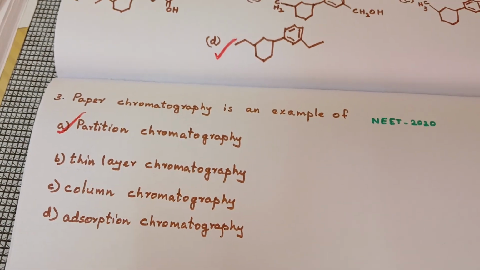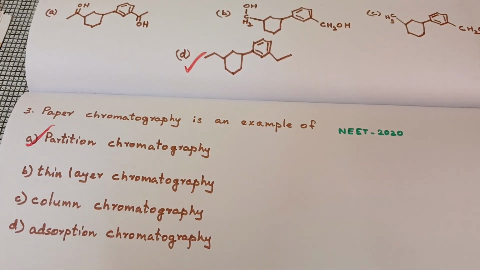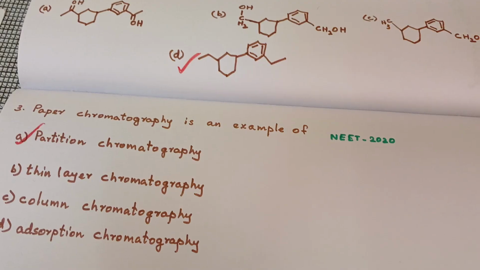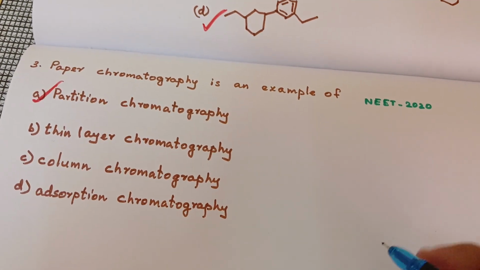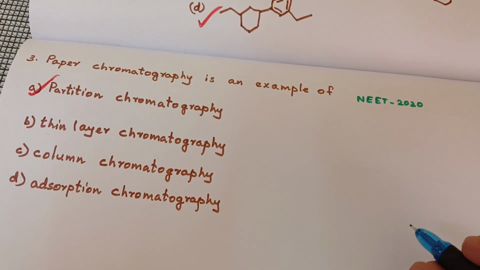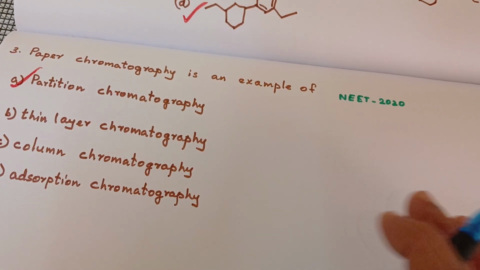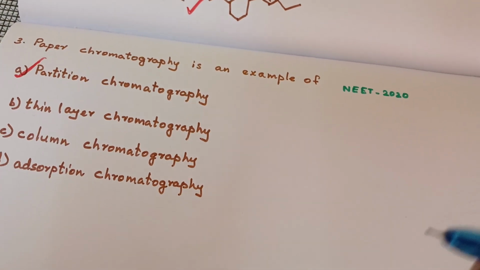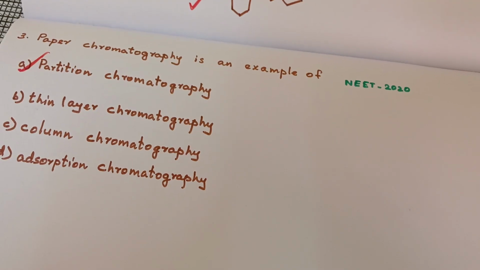In this, you have a stationary phase, and that stationary phase is also a liquid phase, which is water molecules trapped in chromatography paper, which is cellulose paper. And the mobile phase, that is also liquid. It will be a suitable solvent carrying the sample components.